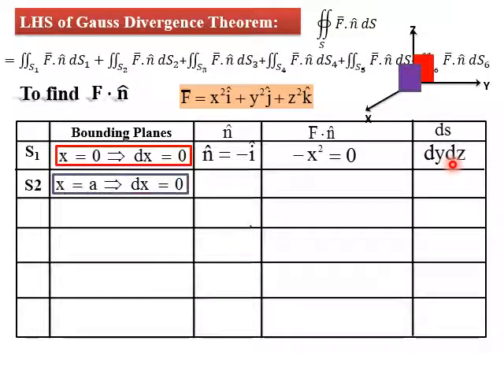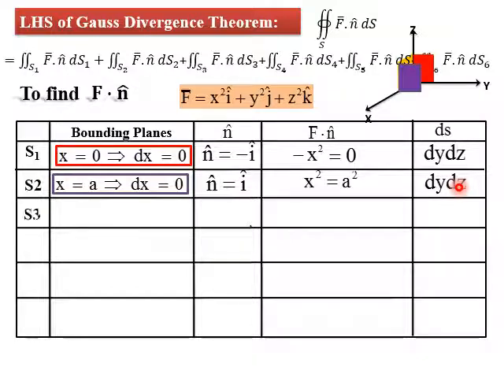Take the surface S2, which is the x equal to a plane. There dx is 0. N cap, the unit outward normal, is along the positive x direction, so the unit outward normal is i cap. F bar dot i cap is x square. On the plane S2, x is a. Therefore f bar dot n cap on S2 is a square, and the elementary surface dS2 is nothing but dy dz.